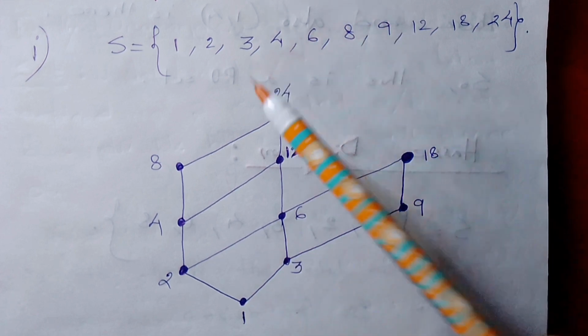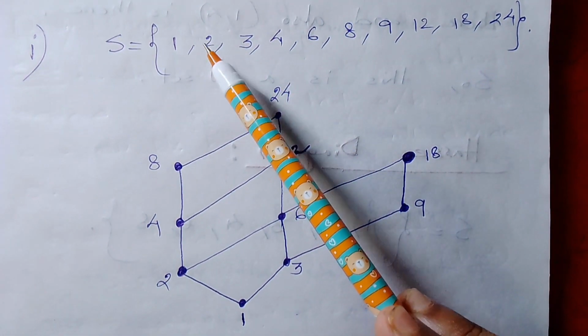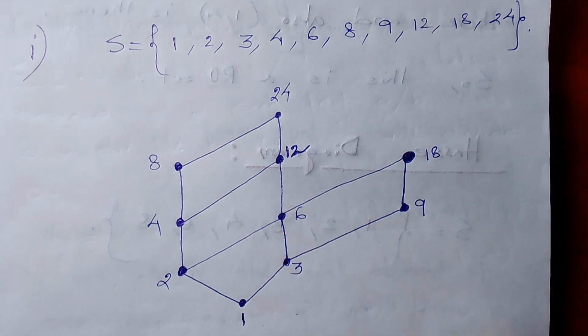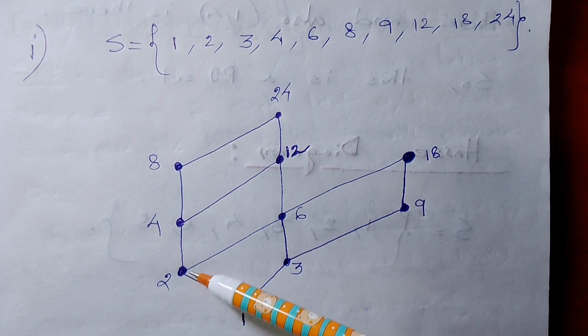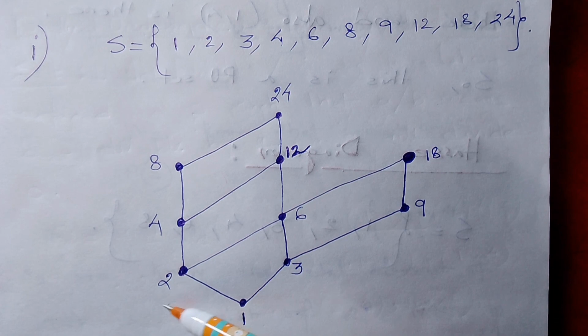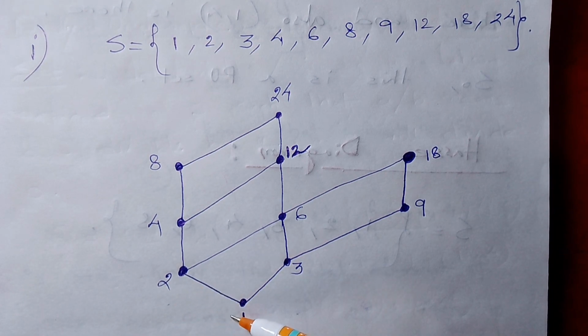Then we will draw the second vertex, that is 2, and then we will join these two vertices by an edge, as 1 divides 2. To show that relation, we will draw this edge.